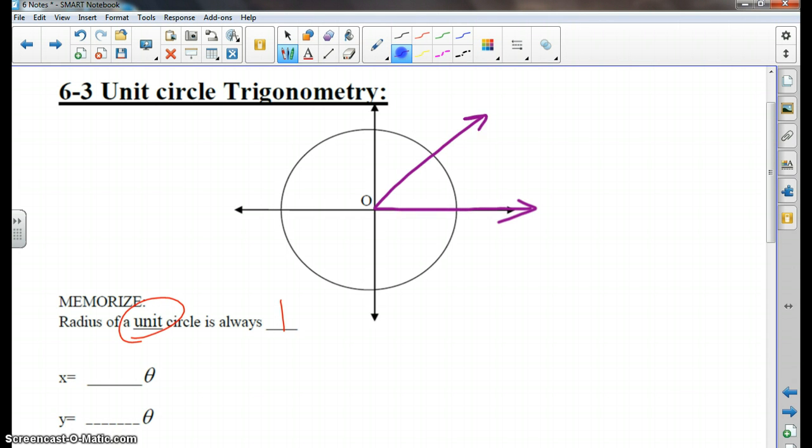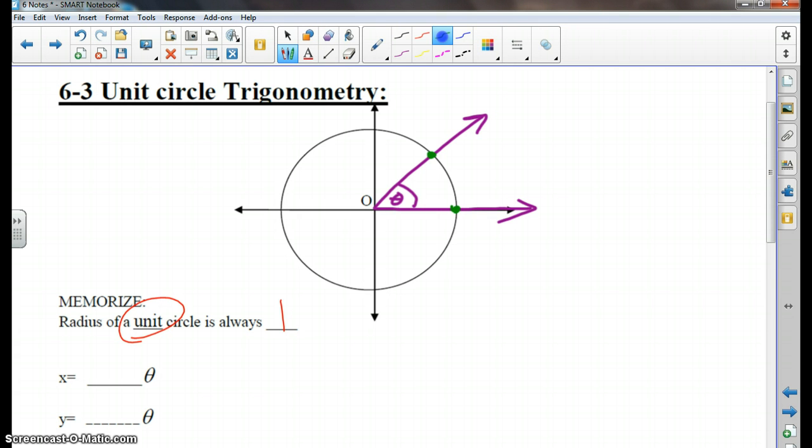And the first one that I'm going to draw will be that angle right here, and I will name it theta. Now, when I draw theta into this coordinate plane that happens to have a unit circle on it, I find there's a point on the angle that happens to hit the unit circle.